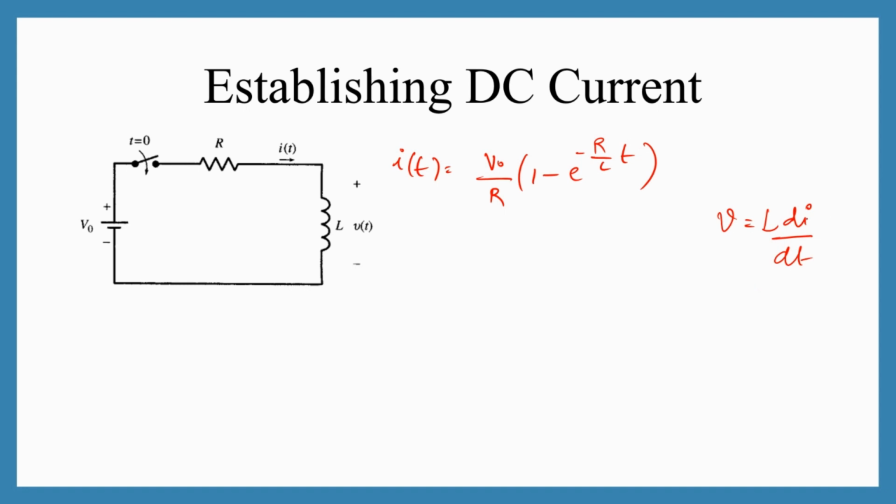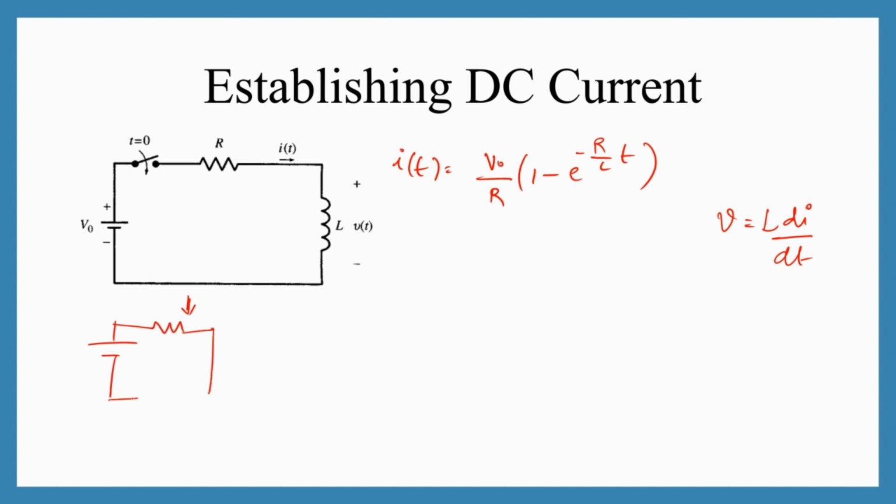But over a period of time, after the circuit has settled, I would become consistent. So there won't be any change in current. So L di by dt would be zero. So the voltage across this inductor would be zero, meaning short circuit. So the circuit would essentially be looking like V naught with the resistor.